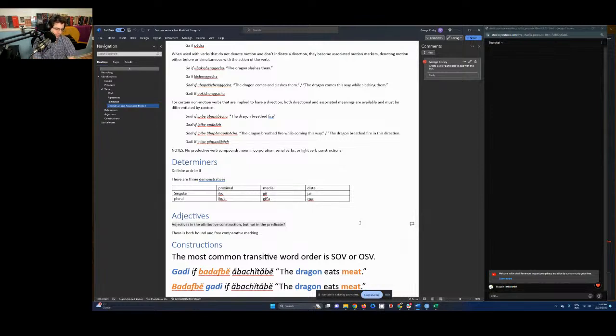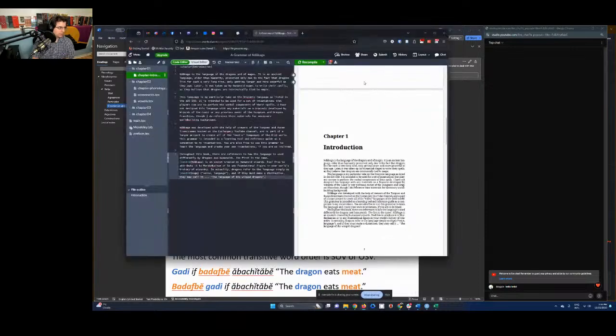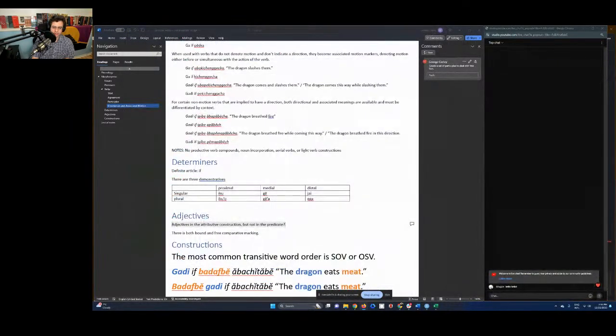Since we're mostly done with verbs, I do think that we're going to be mostly doing, that's another thing that I'll let people know about, I'll mostly be working on the, I think we're kind of done with verbs unless I end up putting some classifiers on verbs.